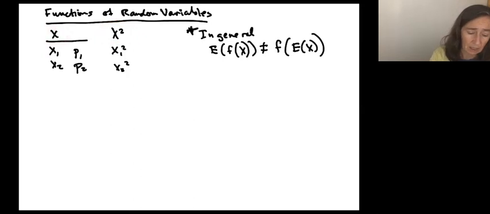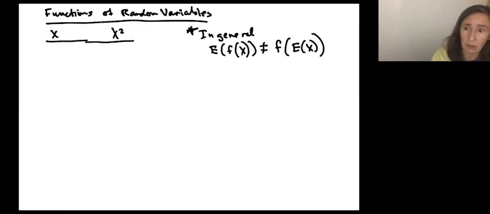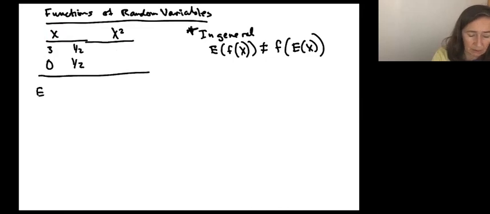Okay, and maybe let's put some numbers in here just to emphasize that. So if we start with random variable x, say it takes value 3 with probability 1/2 and 0 with probability 1/2. Expected value of x is 3/2. That one I can do in my head.